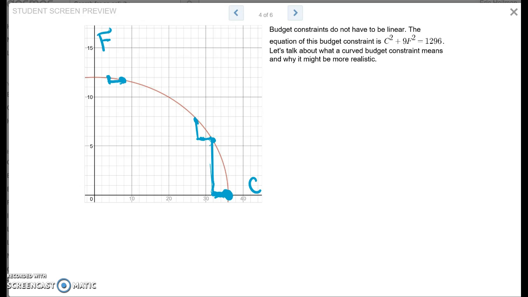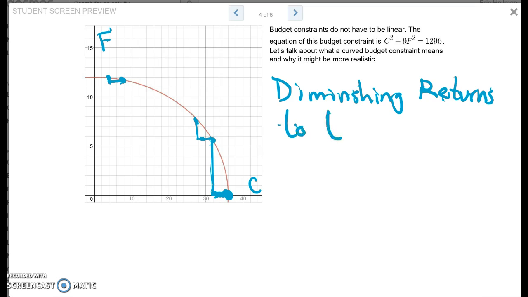So this type of nonlinear budget constraint represents diminishing returns. We're going to hear that phrase a lot. So in this case, we have diminishing returns to time spent harvesting.